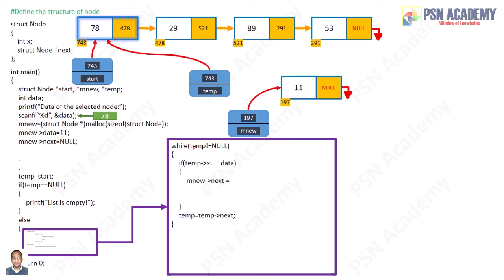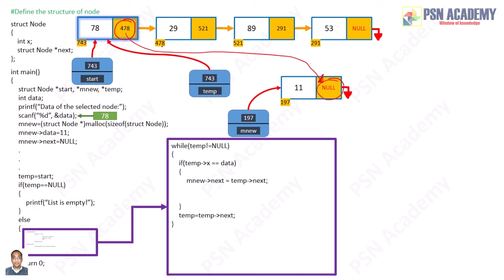then you write mnew next equal to temp next, because temp next is 478 and that is copied to mnew next, that means here. So this 478 will be copied to mnew's next pointer, so that this mnew's next pointer will point to this second node, right?